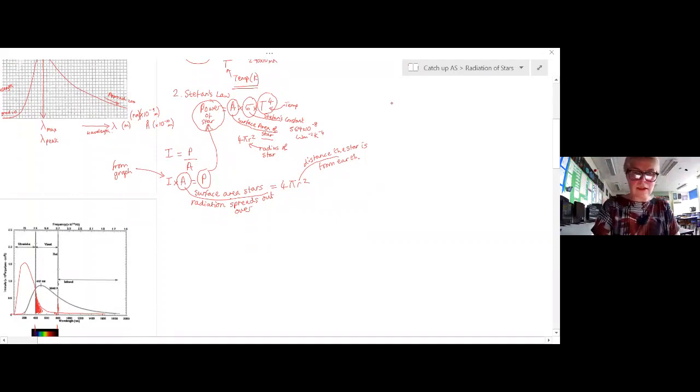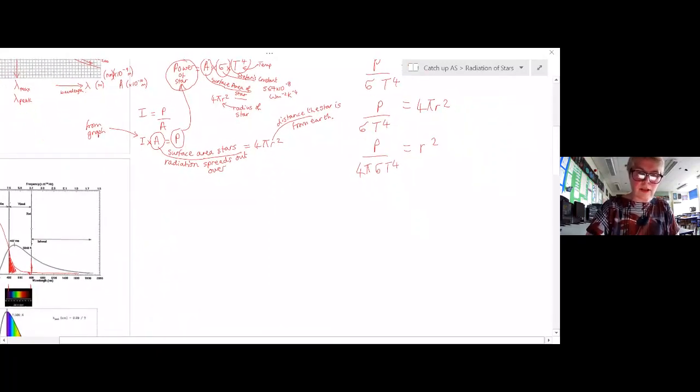Therefore you're left with power divided by sigma divided by T to the 4 equals the surface area of the star, and then with 4 pi r squared you can track that back to get the radius. So just manipulate that mathematically: power divided by 4 pi sigma T to the 4 equals r squared, and then you just square root everything, and that will give you the size of the star.